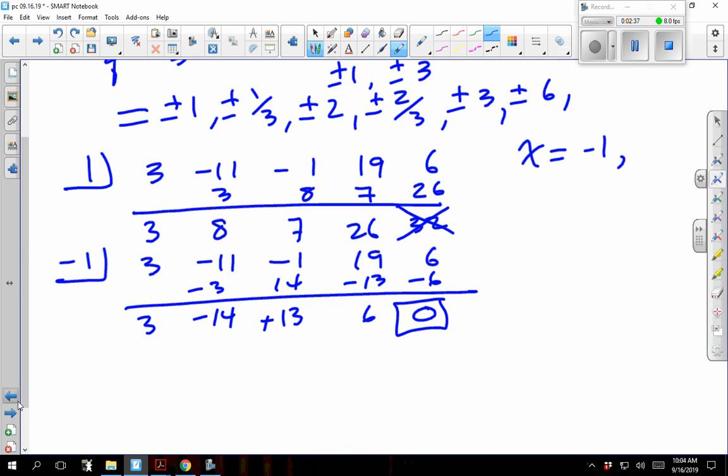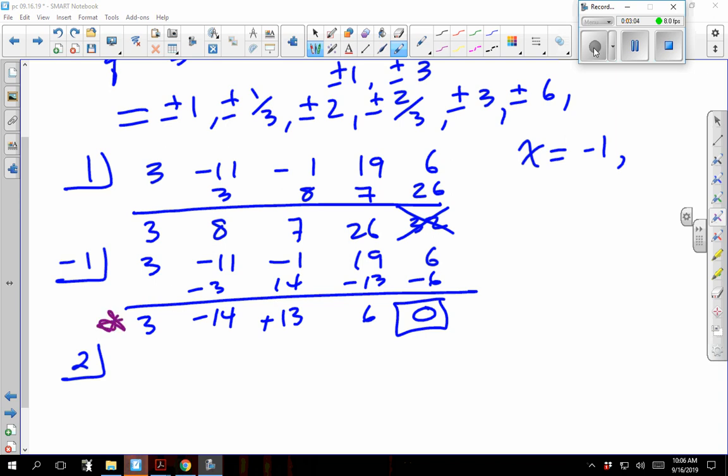If you want, you can go and try to factor from here. It is possible that negative 1 could go in here twice. So I should test negative 1 again, although I know the answer, so I'm not going to go there. Let's go 2. And again, now notice that I'm going to copy down the last set of numbers here.